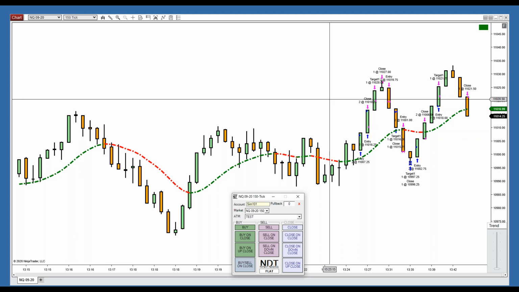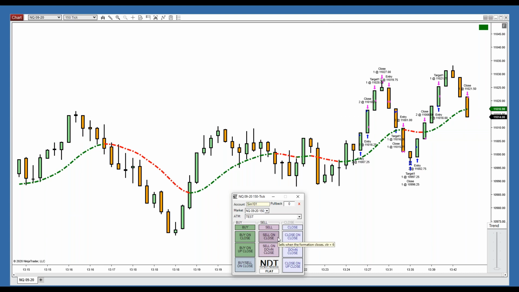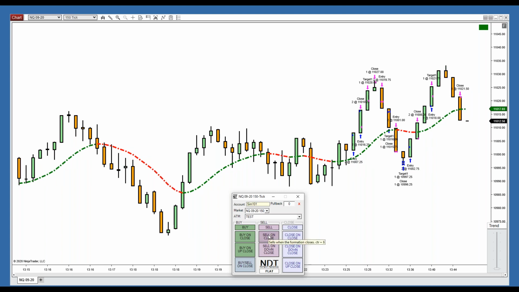That's not the way I trade, but you have that option: to simply close the candle on a candle close, and you're out of the trade. And here's just a sell on close, and here's just a buy on close. And these are just Renko settings for Renko traders, if they want to use those.